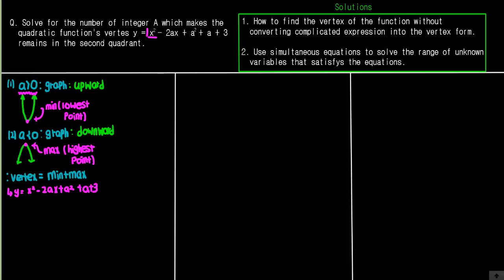So our leading coefficient is 1, which is obviously greater than 0. According to our property, the graph of this quadratic function will go upward, and that results in the conclusion that this quadratic function contains a minimum point.